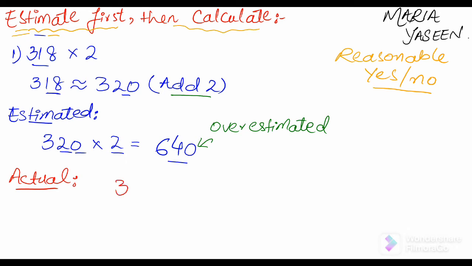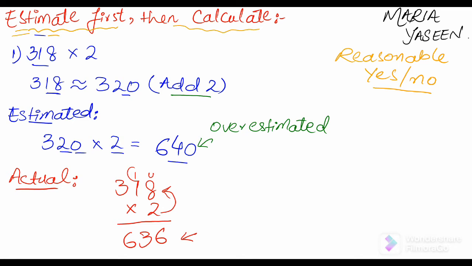For 318, I'm going to use the standard method of multiplication. First, 2 multiplied by 8, which is present at the units place. 2 times 8 is 16. 2 times 1 is 2 plus the carried 1 is 3, and 2 times 3 is 6. So our actual product is 636.